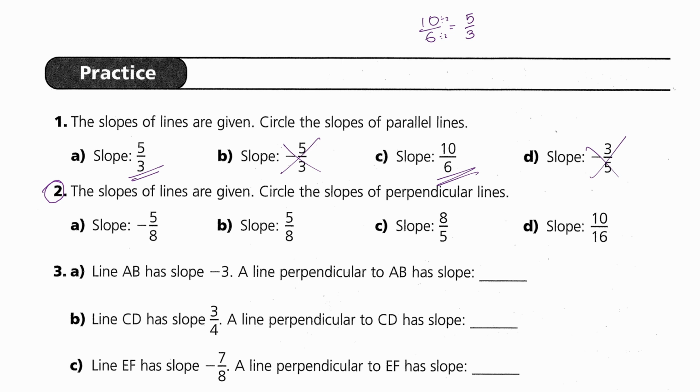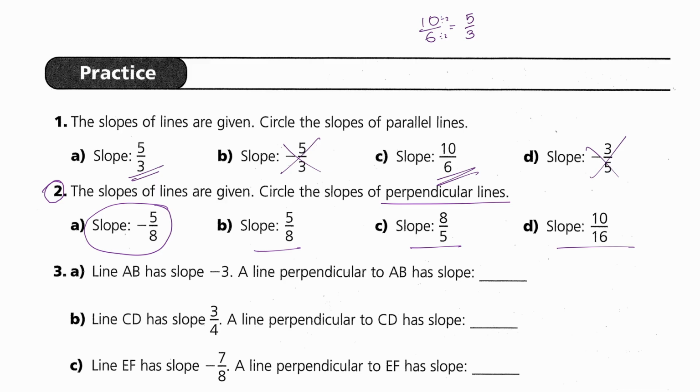So the slopes of lines are given. Circle the slopes of perpendicular lines. That's the question. So remember, perpendicular lines means one of the numbers should be negative. So here I have 3 positives. This is positive, this is positive, this is positive. And I have only one negative number, which means one of the numbers should be negative.